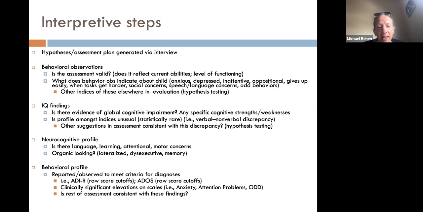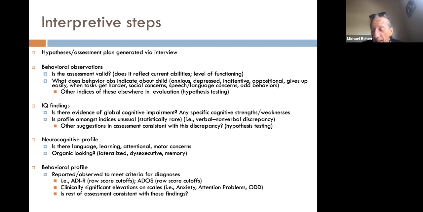Once we understand the neurocognitive profile, we have a very good understanding of some aspects. We're close to conclusions now, but we're also going to add the behavioral components. Is there any diagnostic concern here? Is there an autism spectrum problem, a social communication problem?